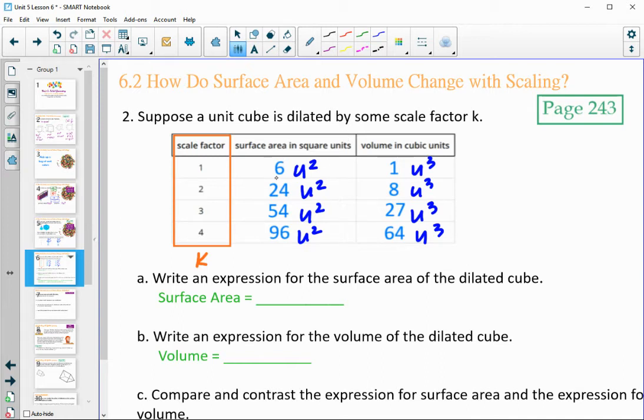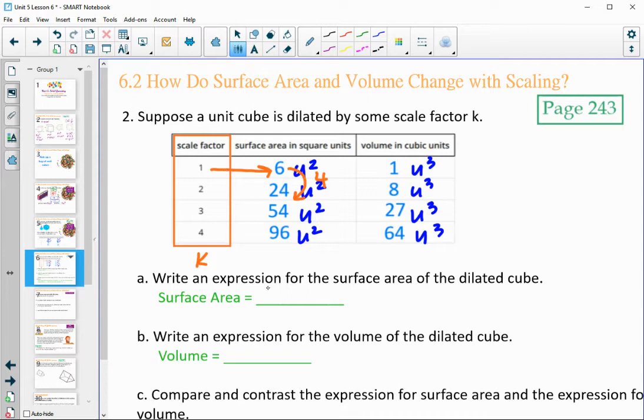So we notice that this first one, our scale factor is 1, and then this is 6. So it's 6 times bigger here. And then when we look this way, we had 6 surfaces. We still had 6 surfaces, but it was 4 times bigger. So 6 times 4 gave us 24. So we kind of see some of that happening.